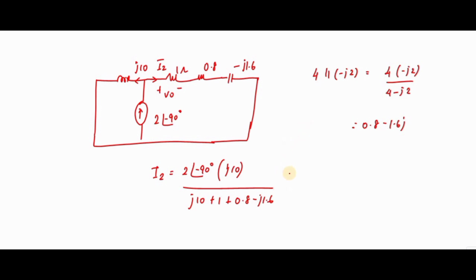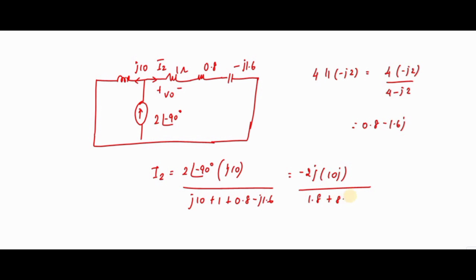So 2 of minus j times 10j, divided by 1.8 plus 8.4j.